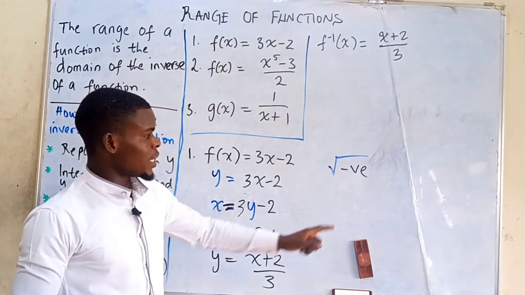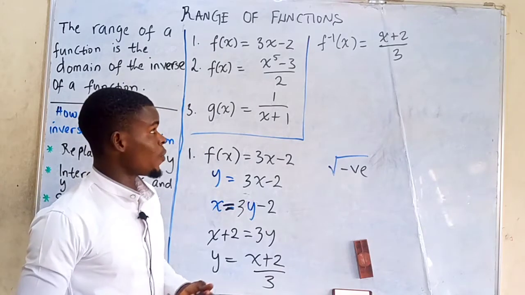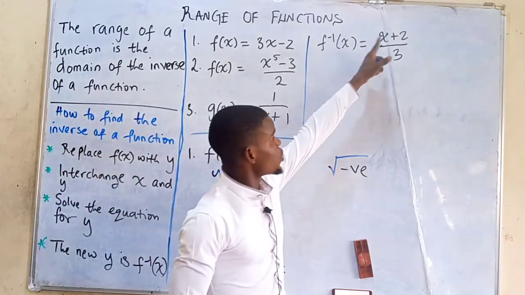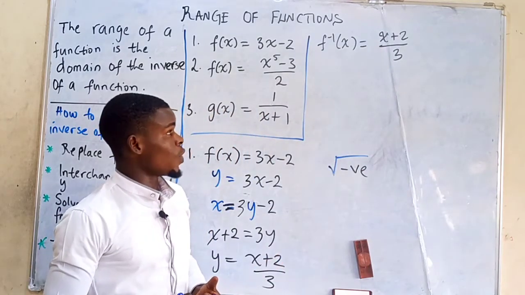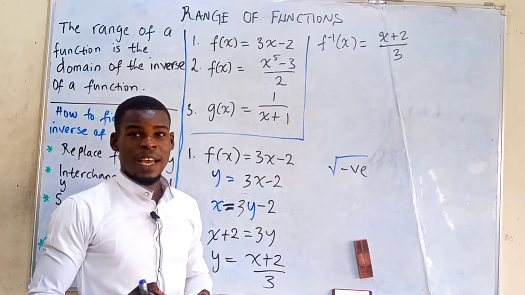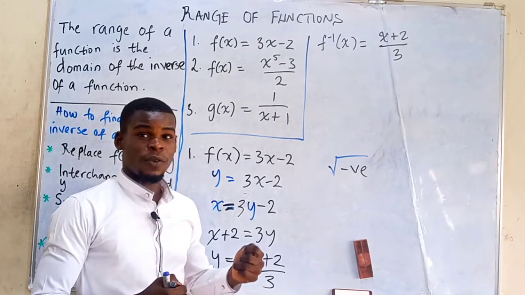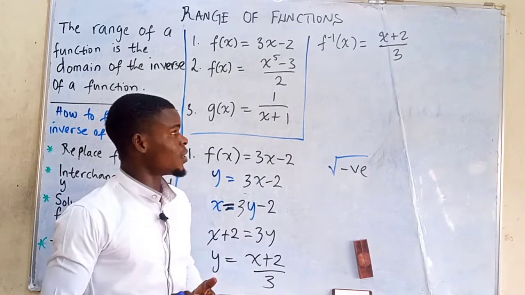So we neglect a negative input under a square root sign, and we also neglect 0 in the denominator. But looking at this function, there is no radical sign, like square root or fourth root. And in the denominator, we only have 3, and there is no way that 3 in the denominator will be equal to 0. So we see that that function is defined for all real numbers, right?